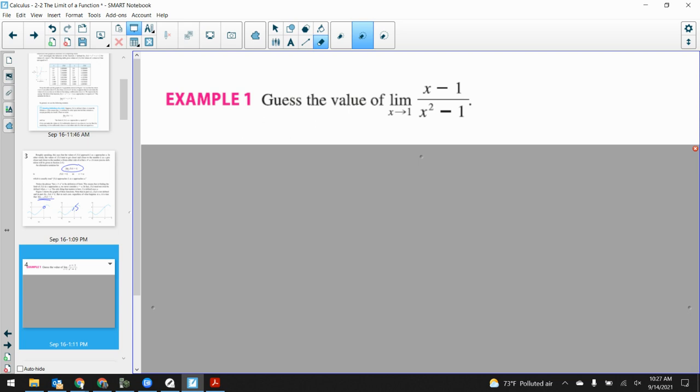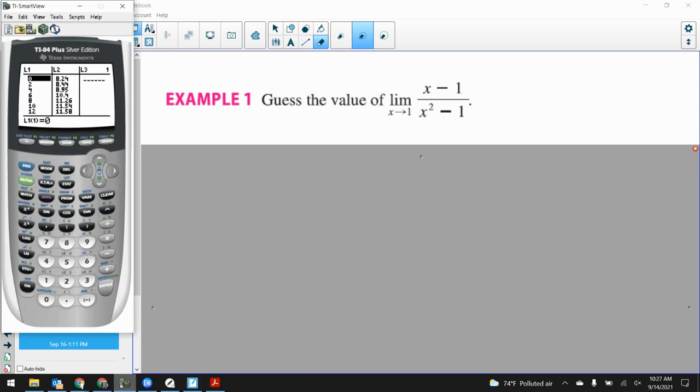So let's do that. Maybe we start from the short end and go with 0. What if I plug in 0? Now I'm going to very precisely write this out here. Okay, I've got 0 minus 1, divided by 0 squared minus 1.